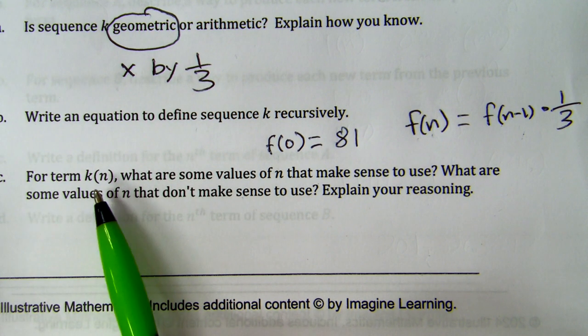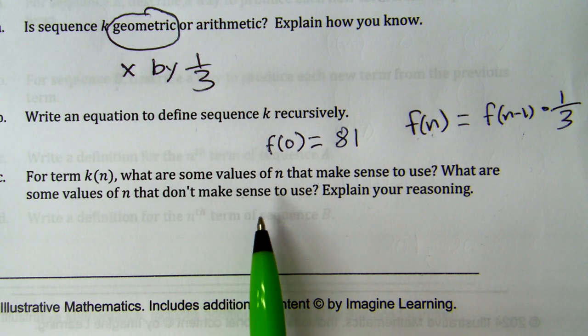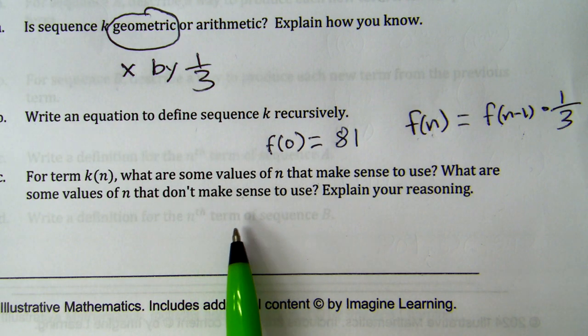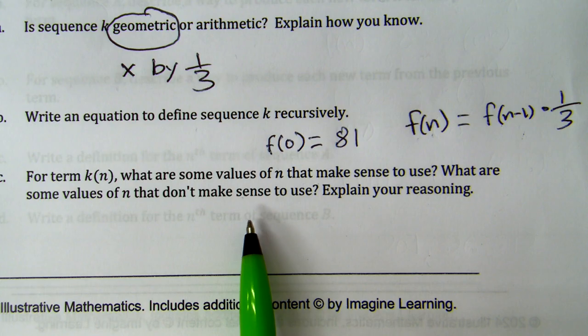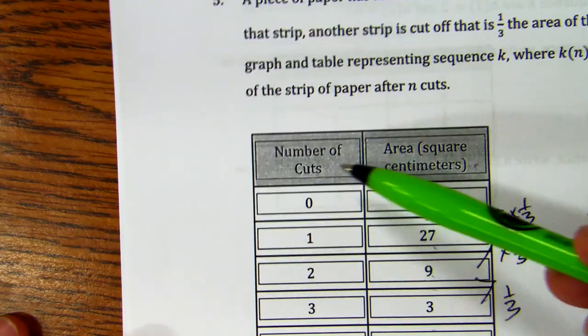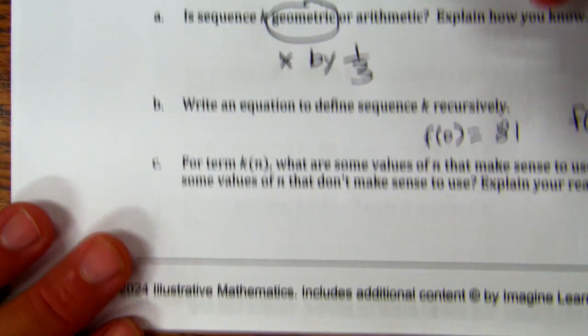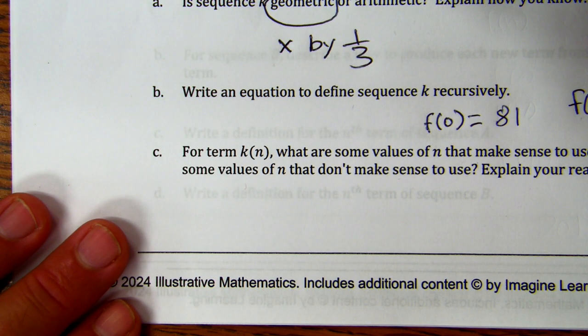For the nth term, what are some values of n that make sense to use? What are some values of n that don't make sense to you? Explain how you know. Well, remember, what does n stand for? N stands for the number of cuts. So you aren't going to have any negative number of cuts.